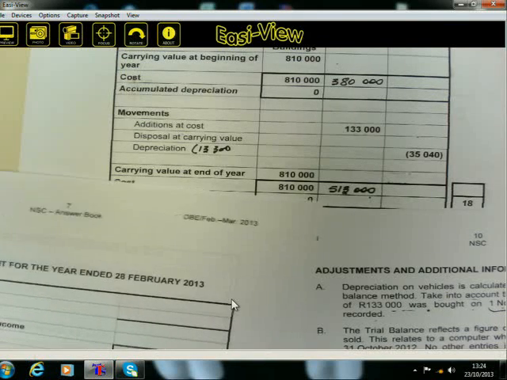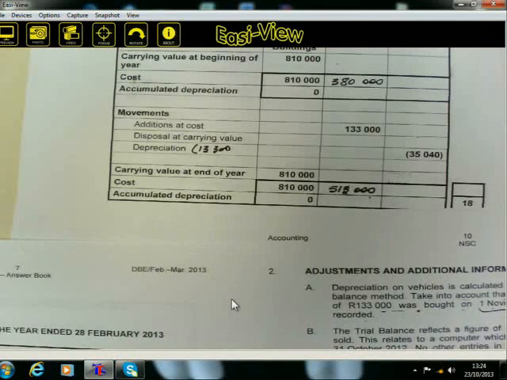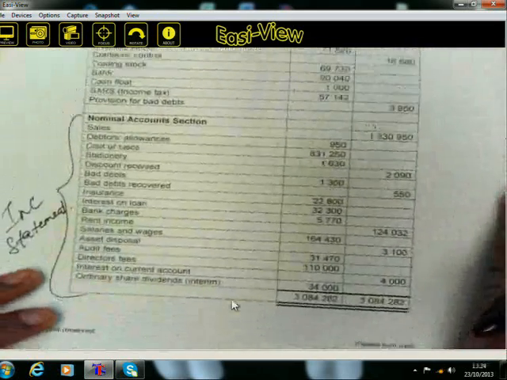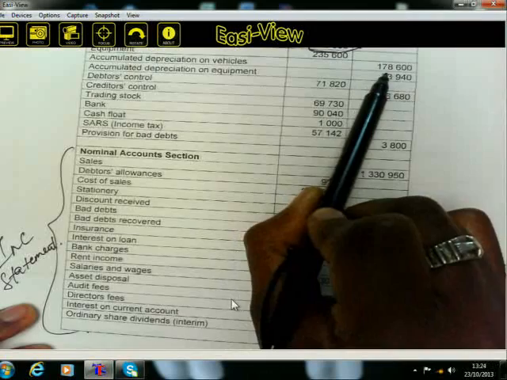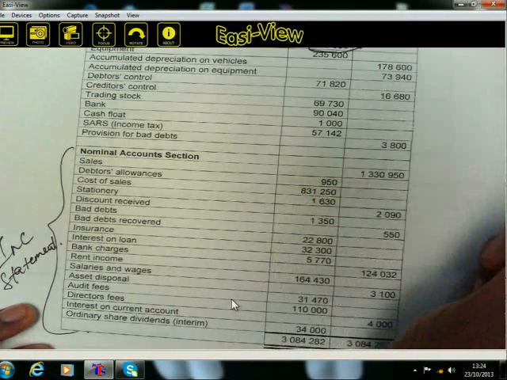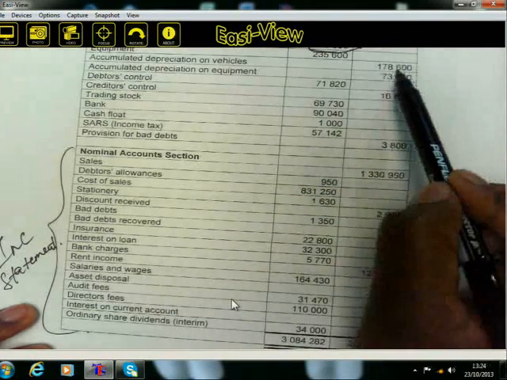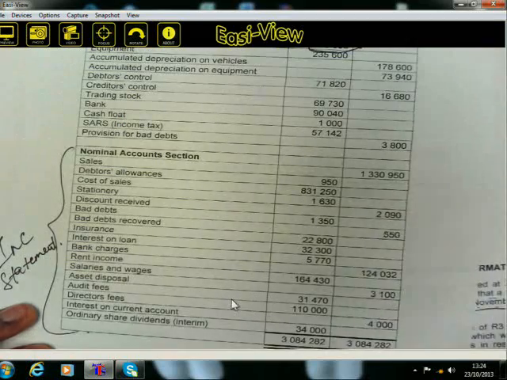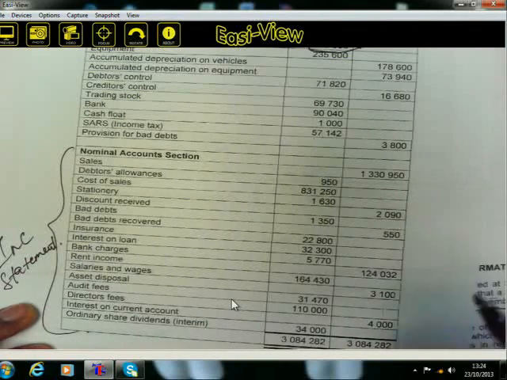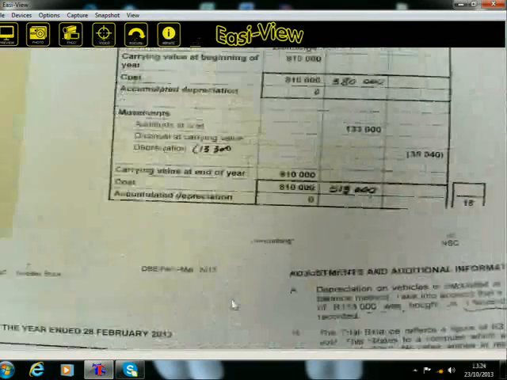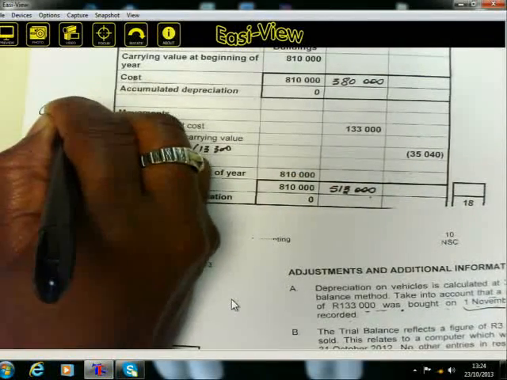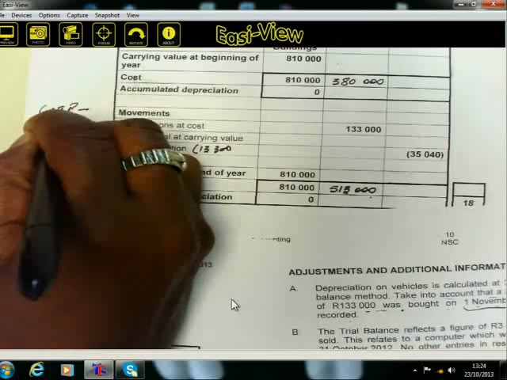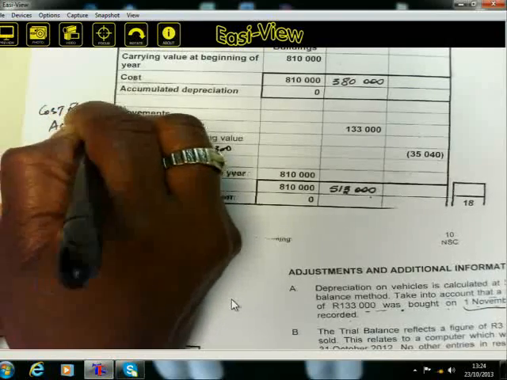Then according to the trial balance, the accumulated depreciation on the vehicle is 178,600. On the diminishing balance, what is the formula? We say the cost price less the accumulated depreciation.